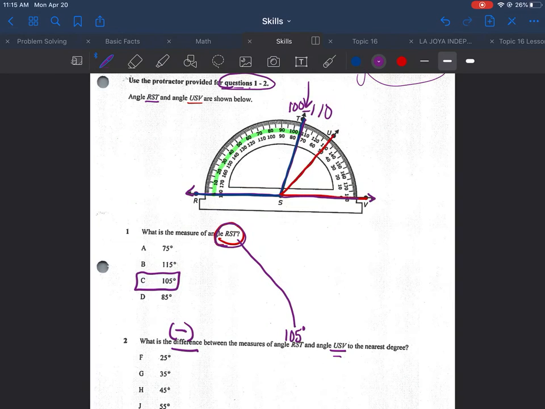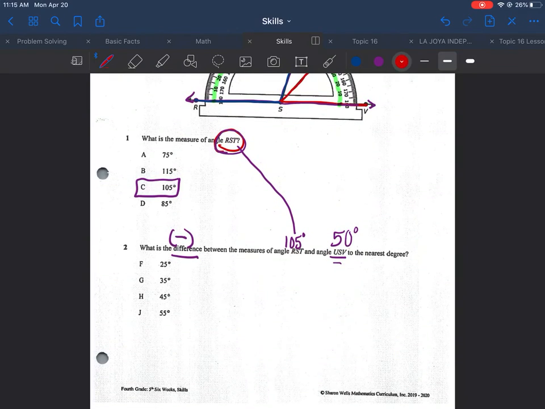If you notice, USV is pointing to the right, so I'm going to use the 0 on this side, which is my inner scale. The angle ends right at 50, so angle USV is 50 degrees.